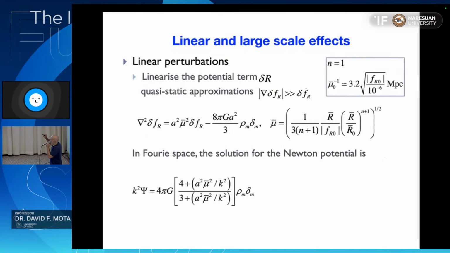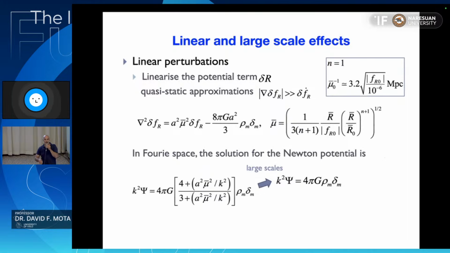So my Poisson equation is sourced by matter, but there's also a term here, this mu, which is proportional to the value of my scalar field today. There's K, so there's a scale dependence because there's a mass associated to it. So we have this for my Newtonian potential, and that means that now I can look at how gravity makes matter cluster. That's the equation that tells me how gravity makes matter cluster.